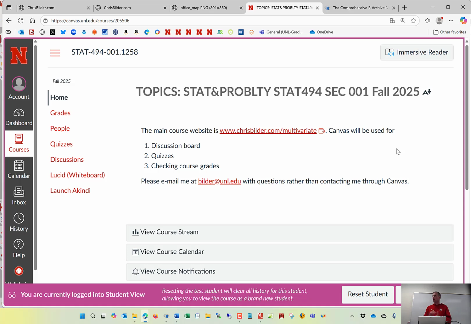So this is what it will look like when you go to our website. Do note that whenever you have a course that is cross-listed, undergraduate, graduate, Canvas puts everyone into, let's say, the undergraduate version of the course, at least in terms of the title, what you see here. So it is actually 873, despite it saying 494.